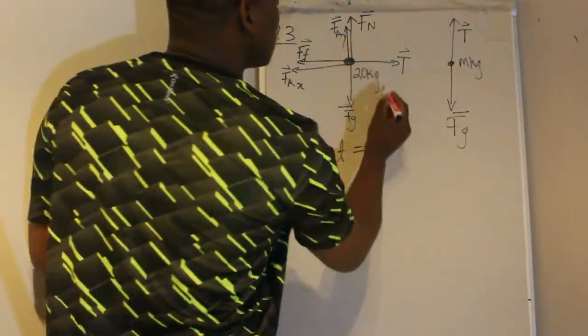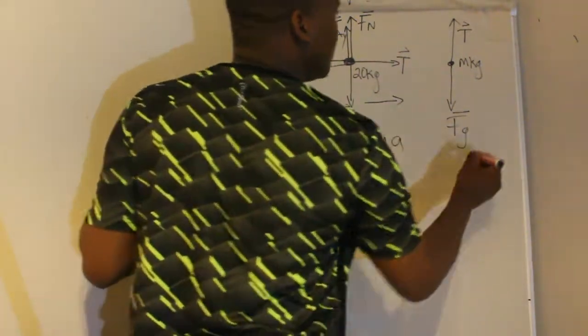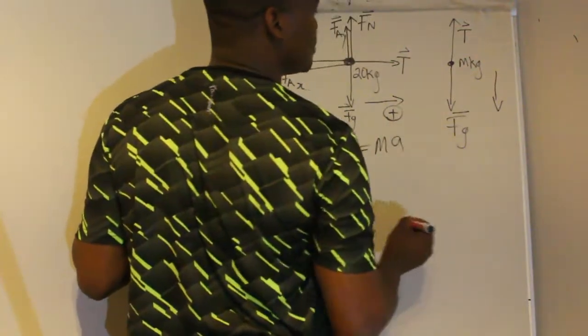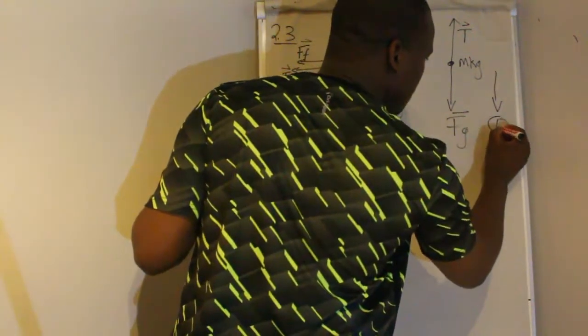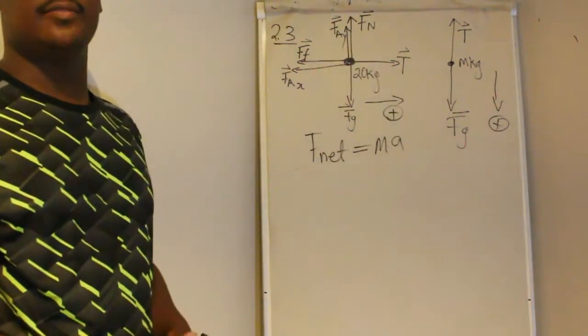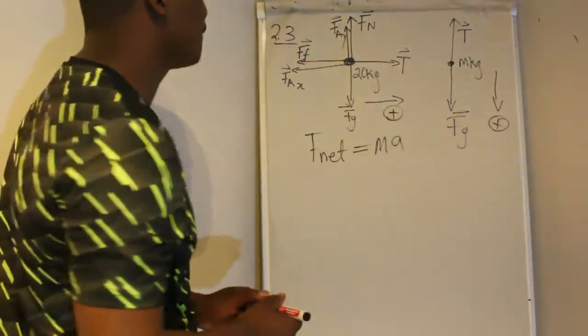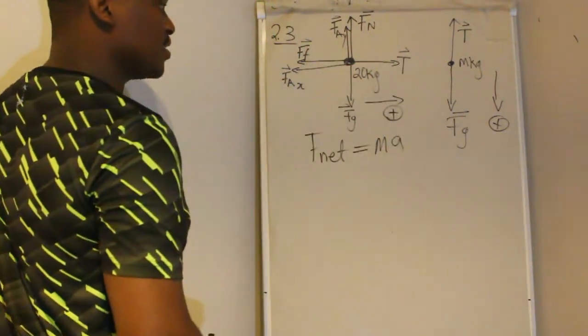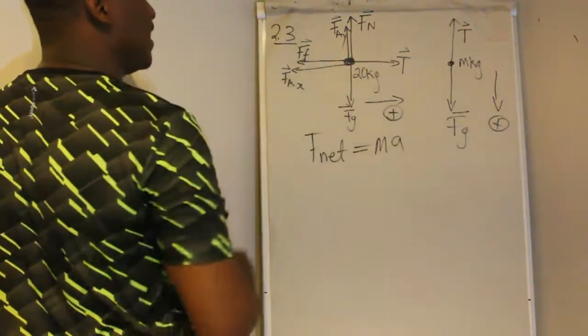So we said this one is moving to the right and this one is moving down. So all the forces to the right will be positive, all the forces down here will be positive, and all the forces that are opposing the motion will be negative. So in this case our tension is positive. Then these two are negative.